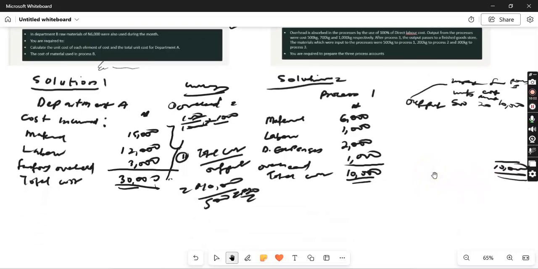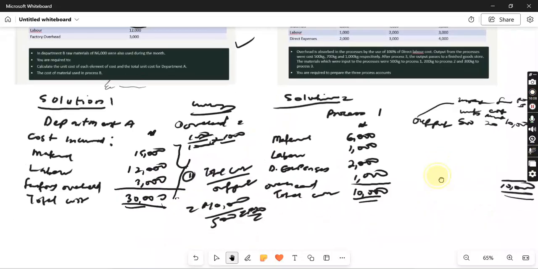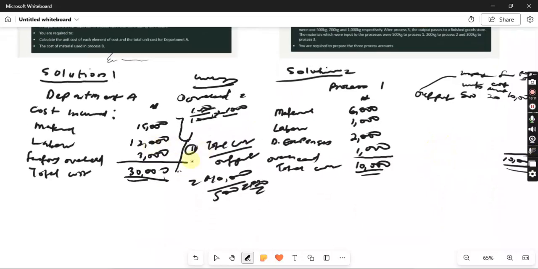We've been told the next process, process 2. For process 2, we have our input from process 1.